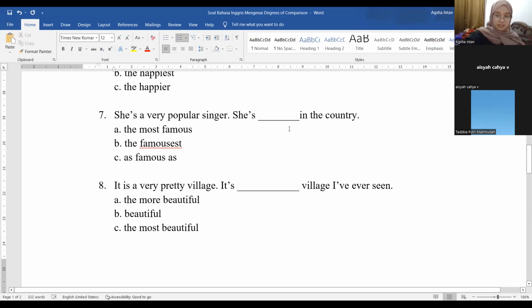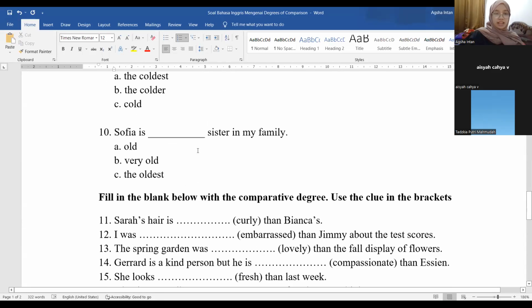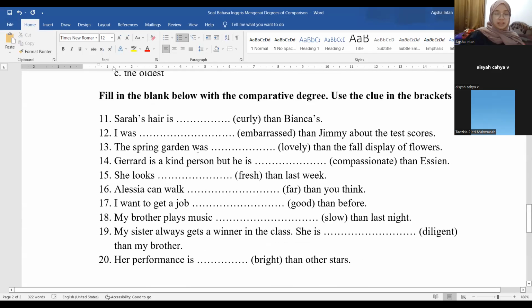Can you guess the correct one? Is it A, Miss? The most famous in the country. Yeah, that's it. Remember, famous has 2 syllables, so we have to use the most.